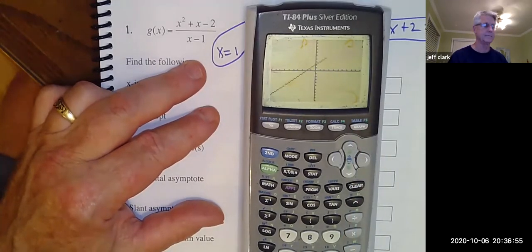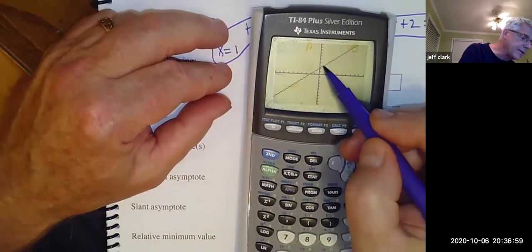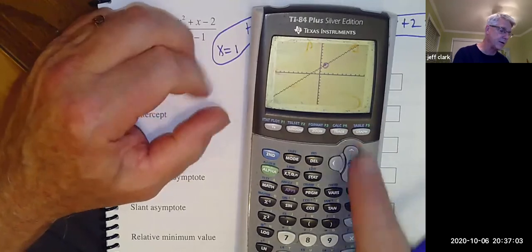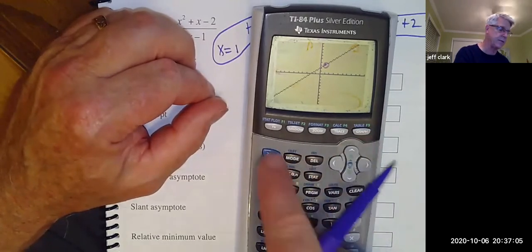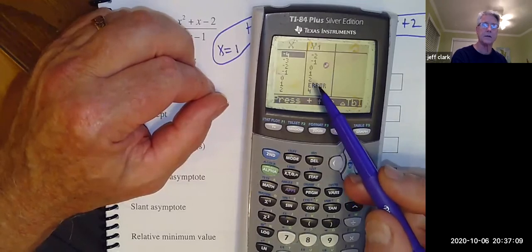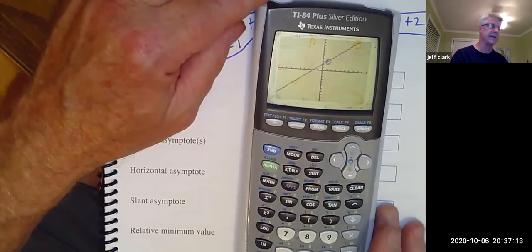It looks like a line. Looks like this right here. But at 1 right here, there's a hole right there. And how do I know? Watch what happens when I do a table. It'll say error right there. And then other questions you guys can easily answer.